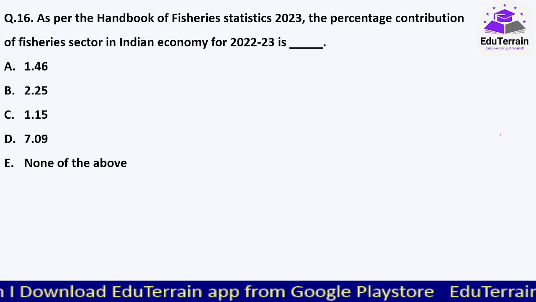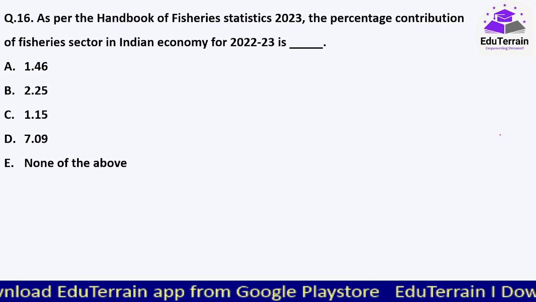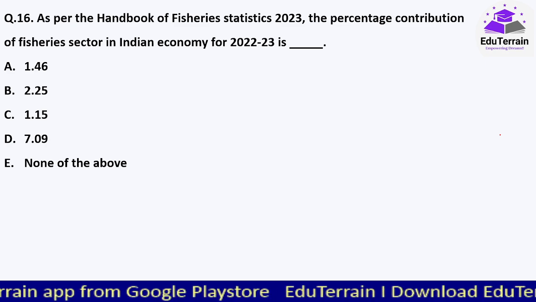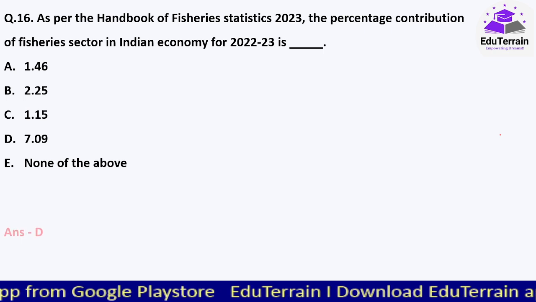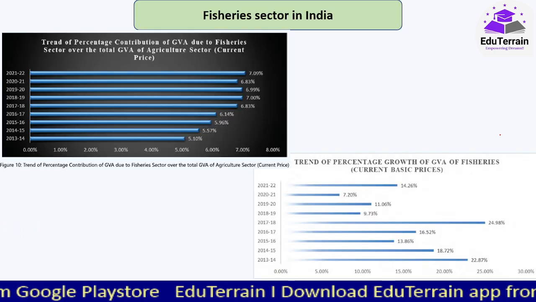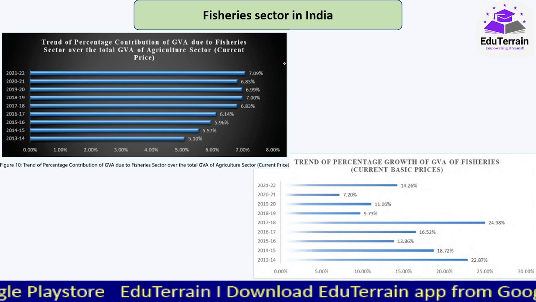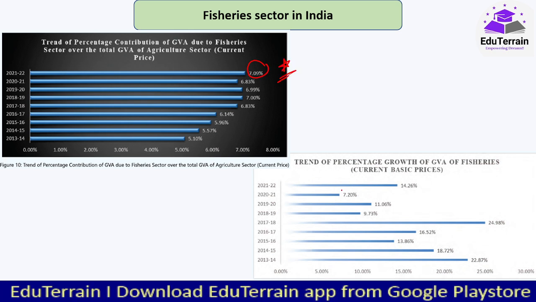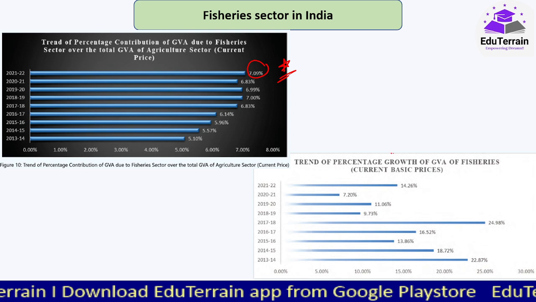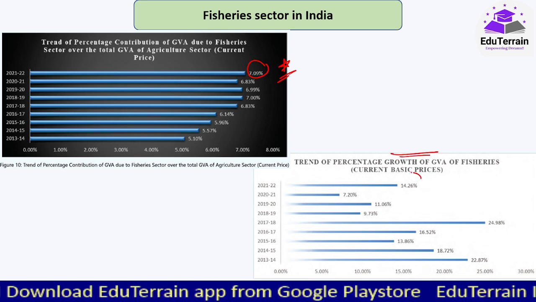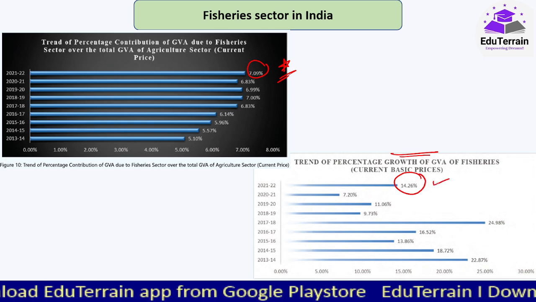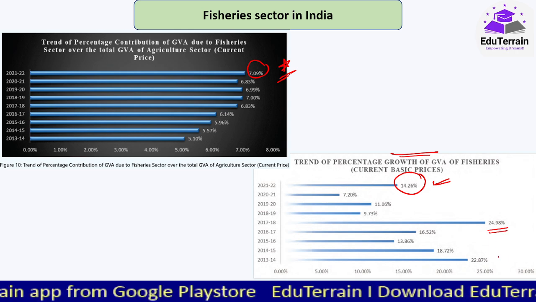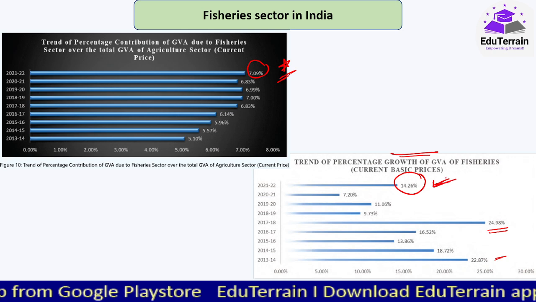Now as per the same Handbook of Fishery Statistics 2023, the percentage contribution of the fishery sector in the Indian economy for 22-23 is 7.09%, as you can see here. And if we look at the growth of GVA, it has improved a lot, 14.26, but still less when compared to 2017-18 and 2013-14, but still fared better.